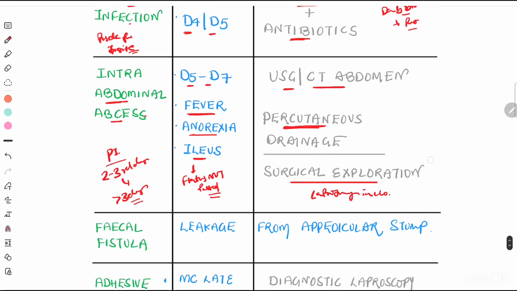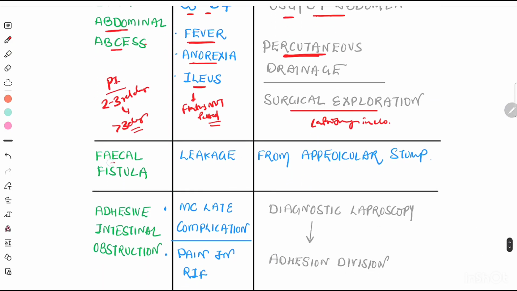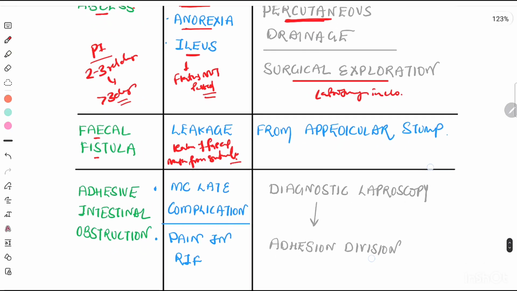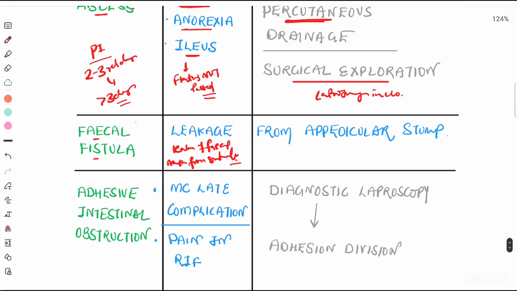So after these two, the third complication is known as the fecal fistula. In fecal fistula there is leakage of fecal matter from the suture line. The fecal fistula can be formed due to a prick of the needle into the cecum.